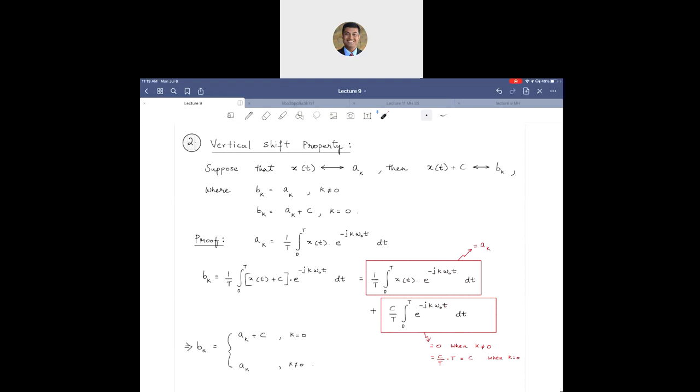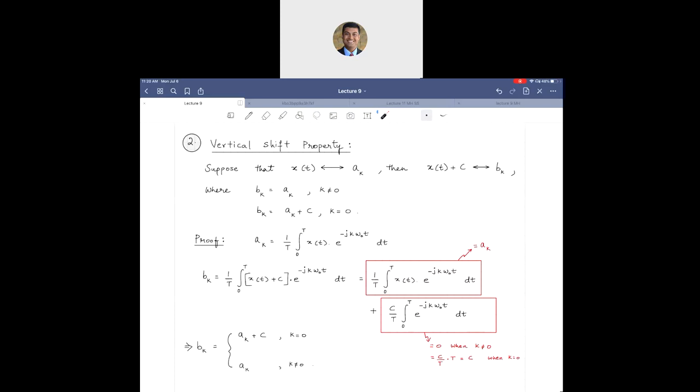You get e to the negative jk omega naught t divided by negative jk omega naught, and you are integrating that from 0 to T. So that function that you evaluate after you substitute the limits will go to 0 only when k is not equal to 0. When k equals 0, it will go to c. You can check these two. So it's not equal to 0 all the time. It's equal to 0 only when k is not equal to 0.